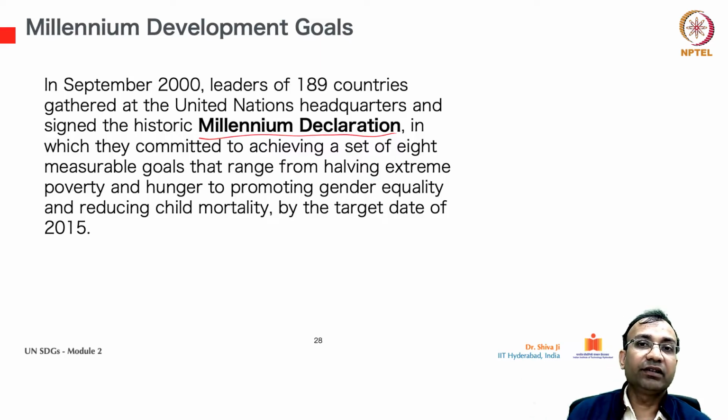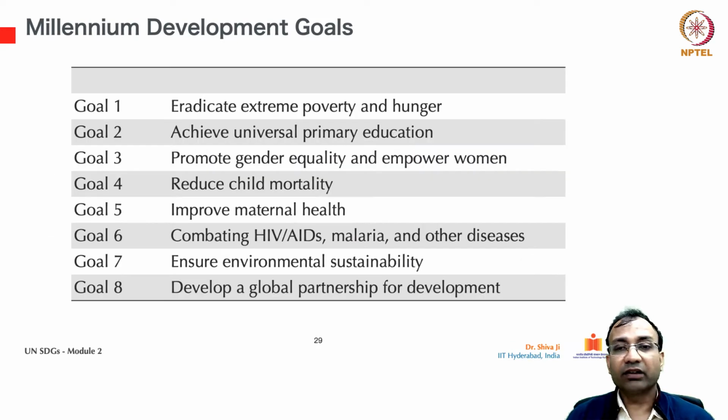So MDGs were supposed to be implemented only till the year 2015. But that year is gone, and there is still a lot more to do in the village areas, even in the urban areas, and all of these places. So these MDGs actually became handy to help them. What are those MDGs?